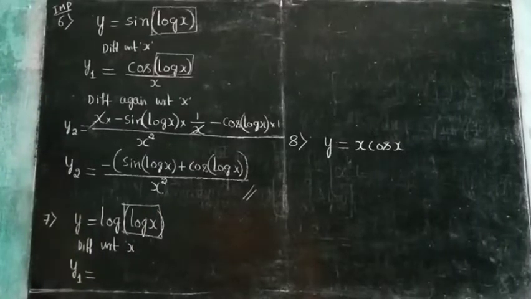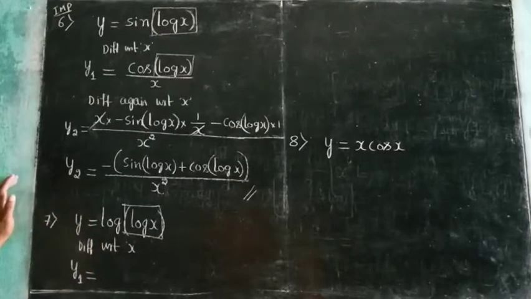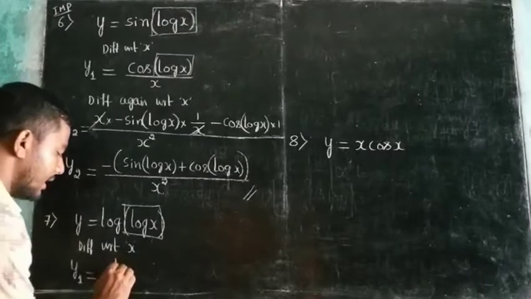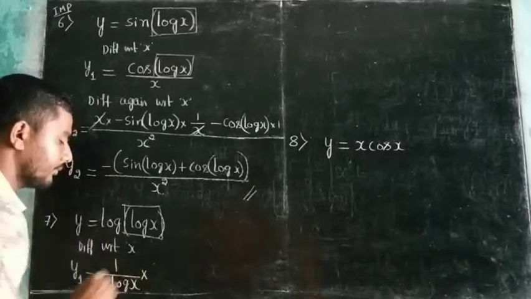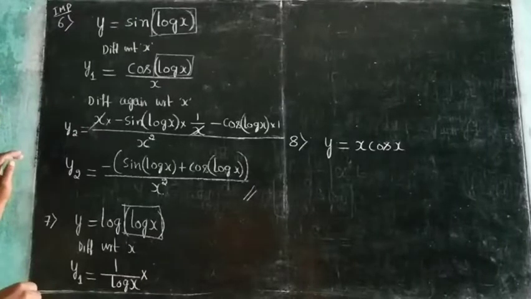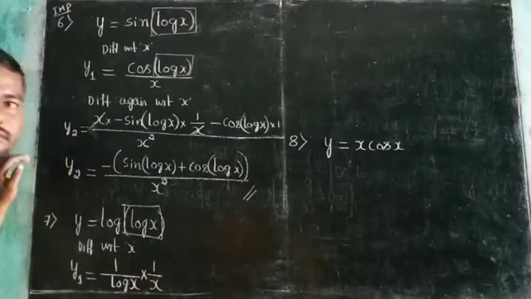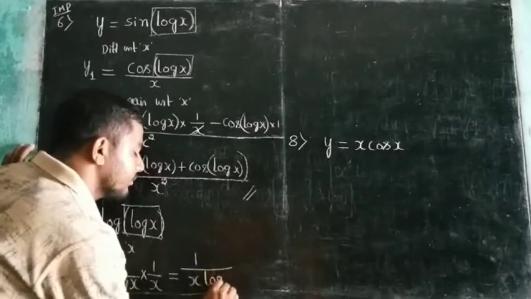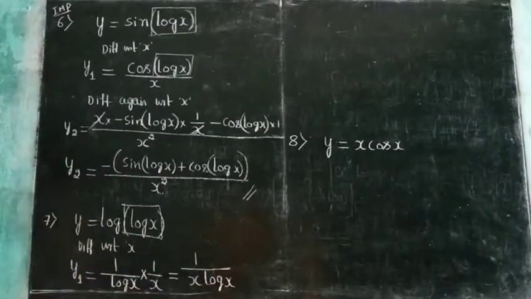The derivative of log dabba is 1 by dabba into d by dx of dabba. 1 by dabba is nothing but 1 by log x into d by dx of log x. D by dx of log x is nothing but 1 divided by x. The total value can be written as 1 divided by x log x, the first derivative. We already did this problem for y1 in the previous class.